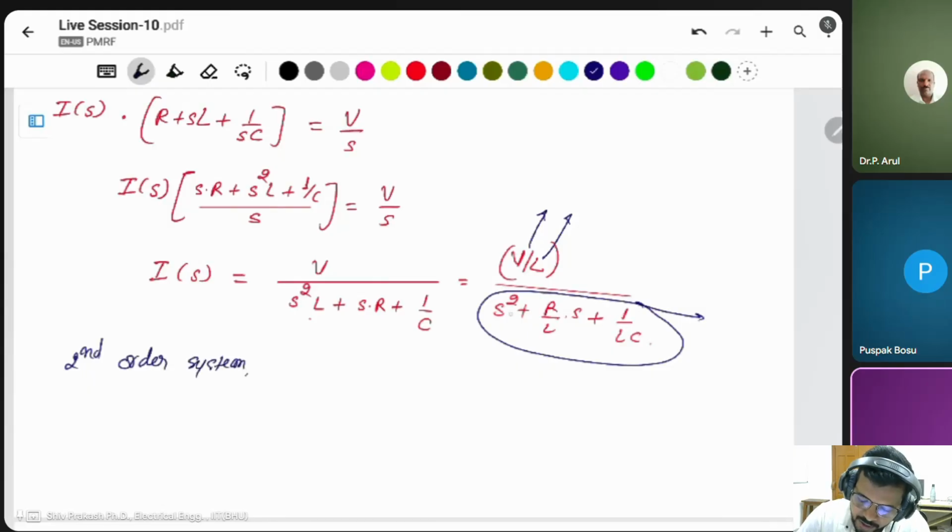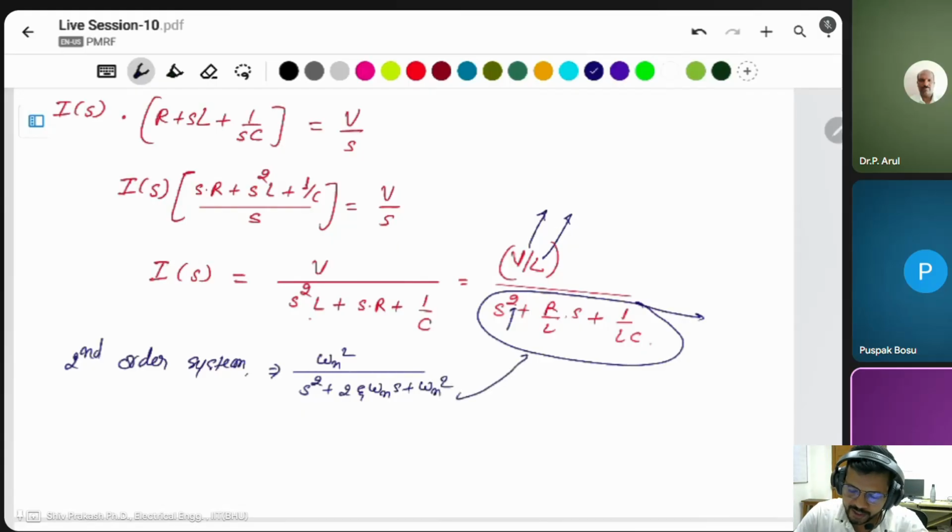It is second order because of the square; the power is 2. If the power is 1, it is first order. The response of a second order system is omega n square divided by S square plus 2 zeta omega n S plus omega n square.